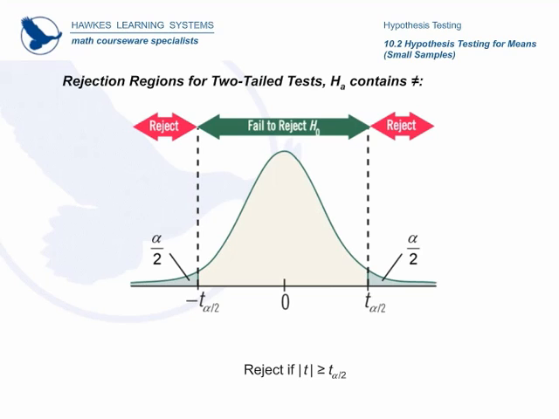But we can see on the outer two tails we reject the null hypothesis. And so we've taken our level of significance, divided by 2, so that we can get the two tails, one on the lower end and one on the higher end. And we've got our cutoff points there.